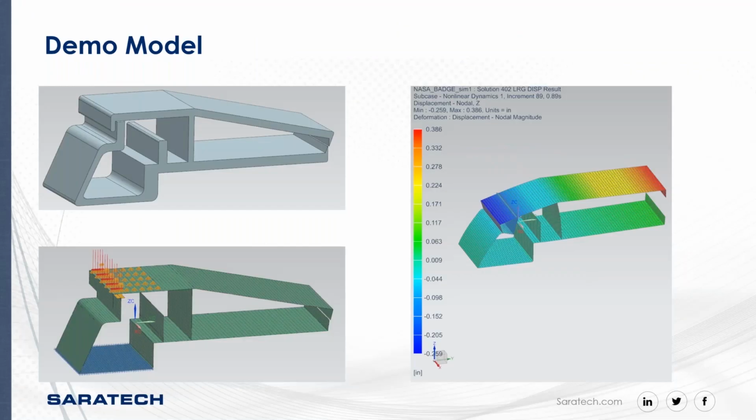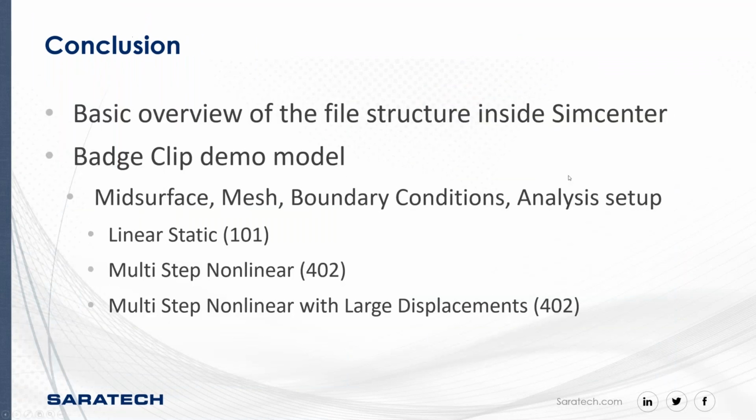All right. So I gave you that basic overview of the file structure. Didn't get too deep. I showed you a little bit about 402, setting up analysis. I showed you mid-surfacing, meshing, and the boundary conditions of this demo model. If you guys have any further questions, feel free to reach out. I know we only have so much time. Thank you very much.